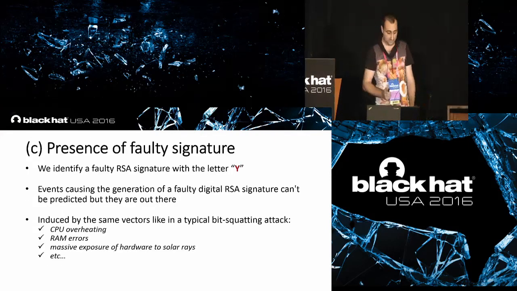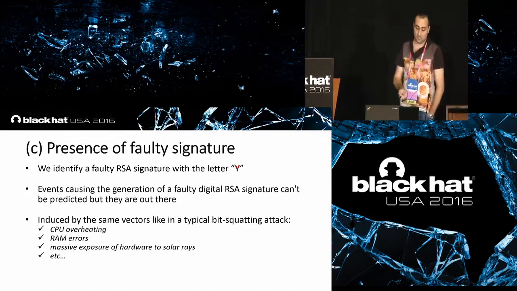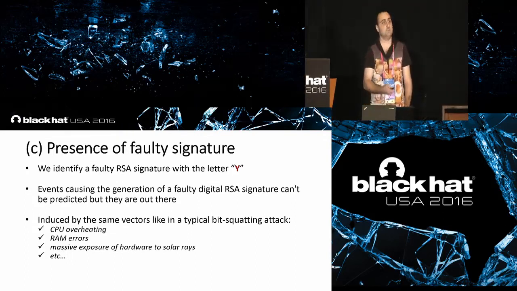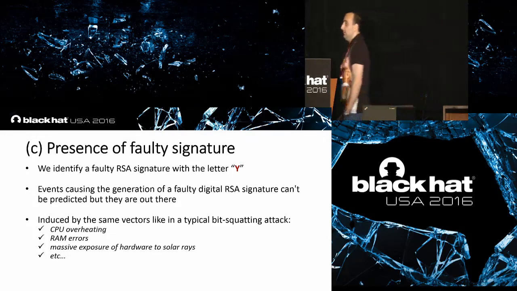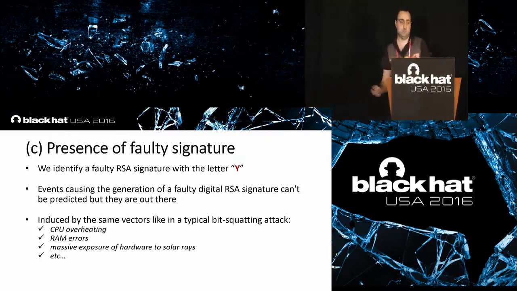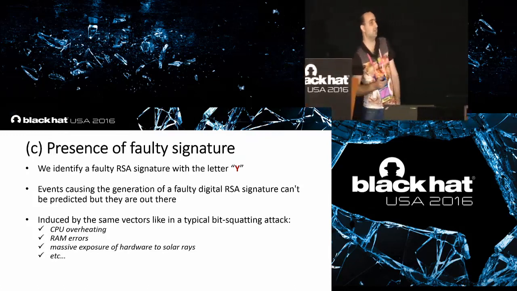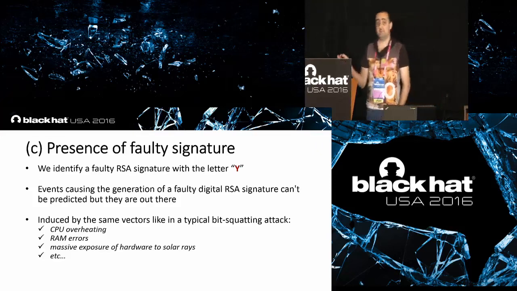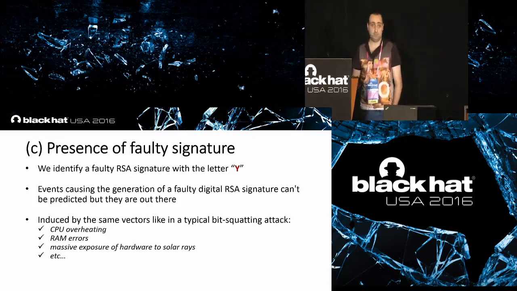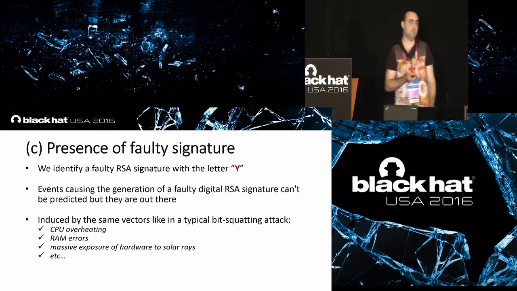Next, we require a faulty signature, which in the context of this talk we define with the letter Y. This is an unpredictable condition, something the attacker cannot control, but it happens very often in the embedded device world.